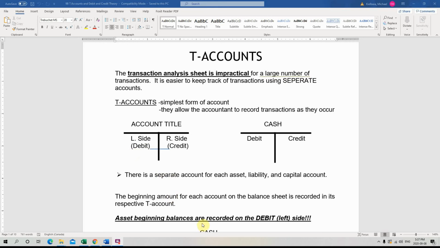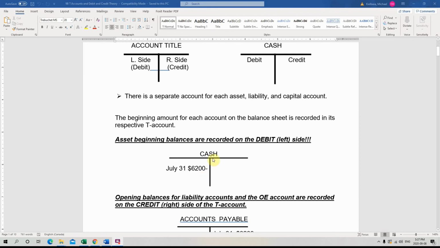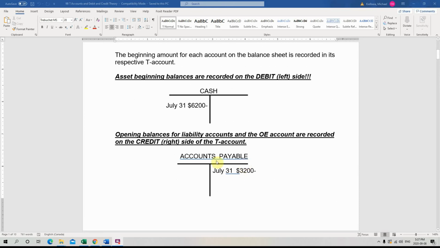For liabilities and for owner's equity, the opening balances are going to be on the credit side. Just like this. Cash, in this case, has an opening balance of $6,200. For accounts payable, you notice the opening balance is on the credit side, or the right-hand side of the account.